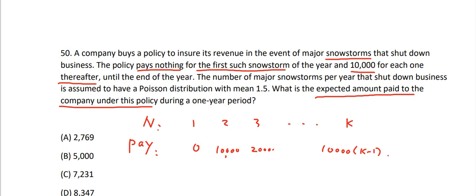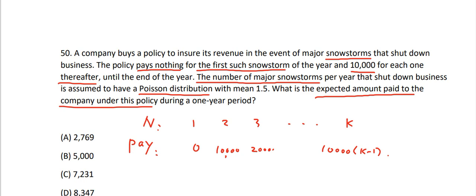Okay. So now we want to find the probability that n equals k. What is this probability? This is the number of snowstorms for a Poisson distribution. The mean is 1.5.